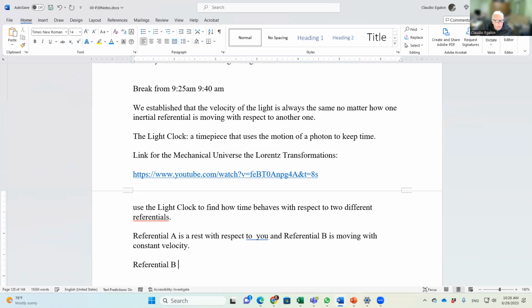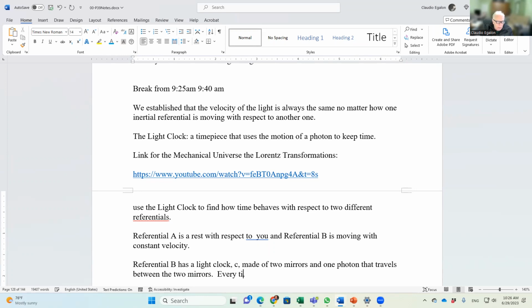Referential B has a clock that I call C, lowercase c. The period of this clock as a light clock is made of two mirrors and one photon that travels between the two mirrors.